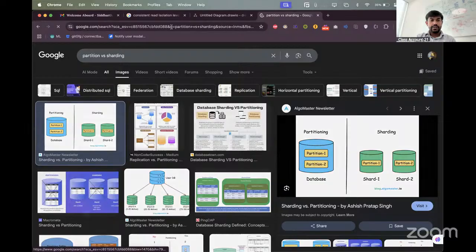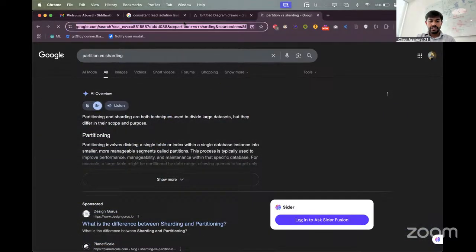Apart from that, you can do a Google search and understand it more. But this is what is asked: what is sharding, what is partitioning, and what is the difference between both. That would be asked from you at entry level. But if you're not an entry level person, you need to dig deeper into this.